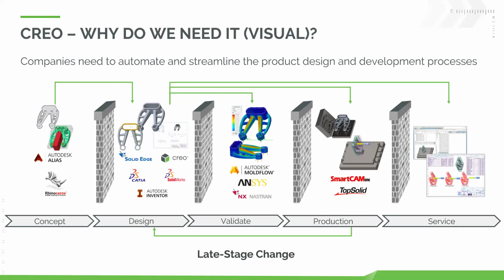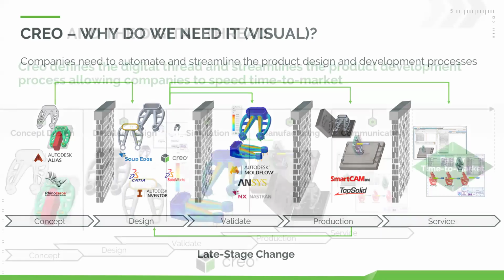There's many other deliverables, but it just snowballs. So the idea of Creo is, if we can do more of a consolidation, right? Do more Creo throughout the process. Now we're going to enable you to streamline that product development process and really power that whole idea or concept of the digital thread. I make a change, it updates everywhere.